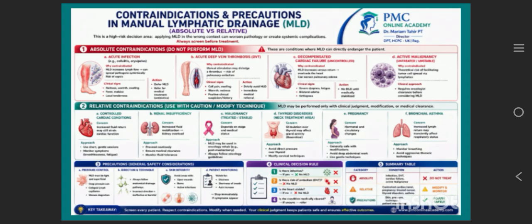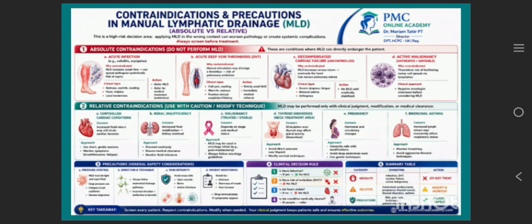Next is decompensated cardiac failure, if uncontrolled. Why contraindicated? MLD increases venous return that overloads the heart and can worsen pulmonary edema. Clinical signs are severe dyspnea, fatigue, bilateral edema and orthopnea.